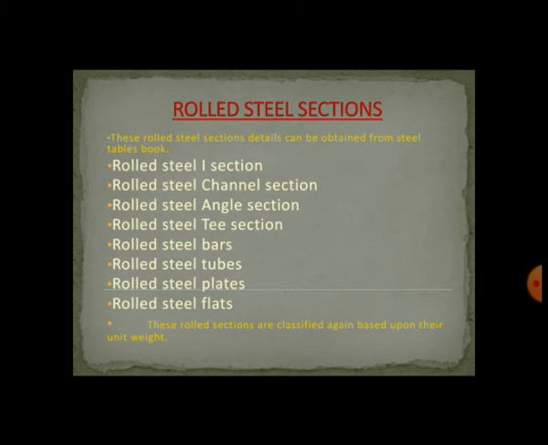Depending upon their shape, rolled steel sections are classified as I section, channel section, angle section, T section, bars, tubes, plates, and flats.